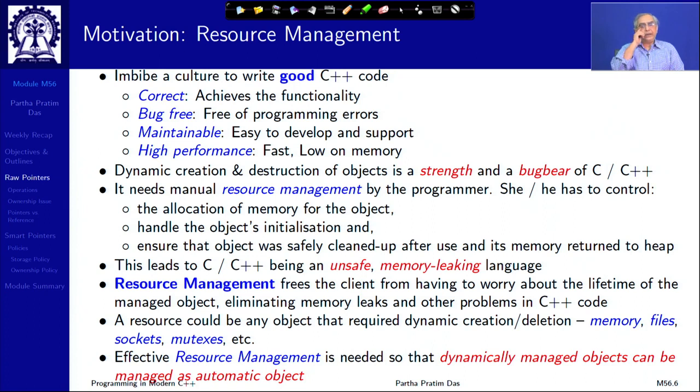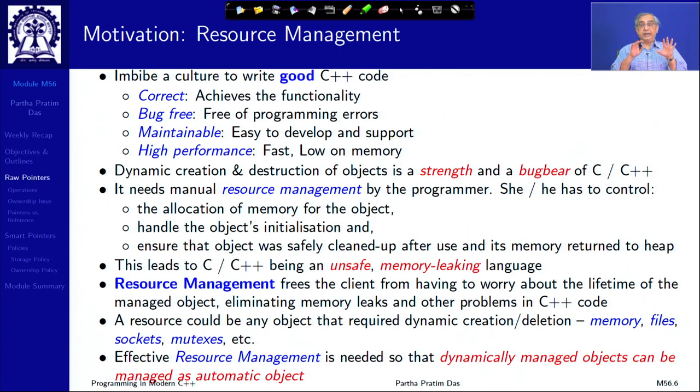Now, what creates a major problem in this whole endeavor, one of the factors, is dynamic creation and destruction of objects. On one side, we know that this is a major strength of C++, but it is also a bugbear of the language, right?